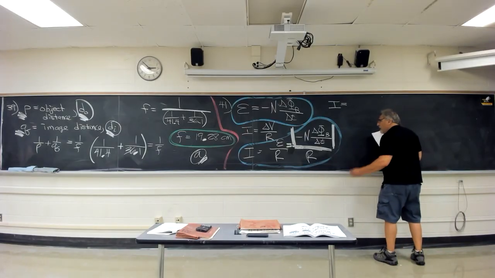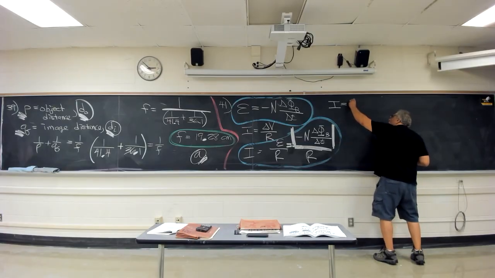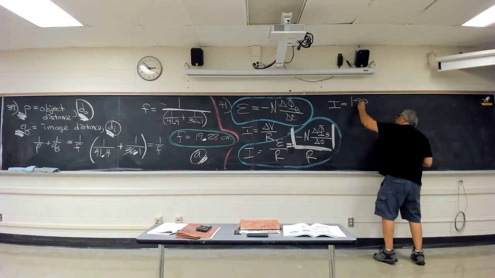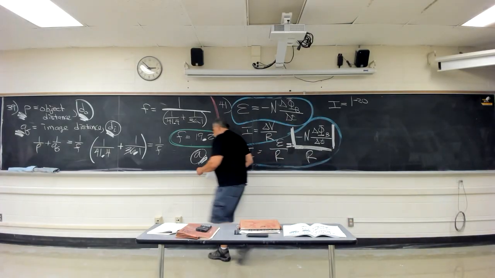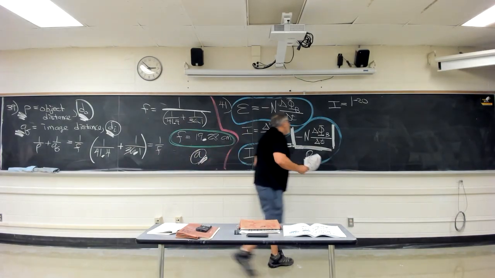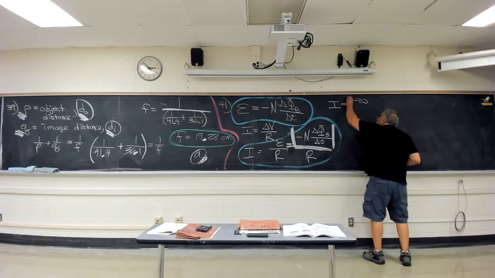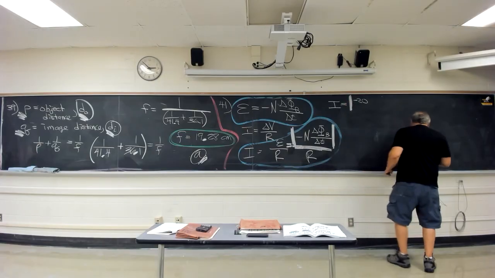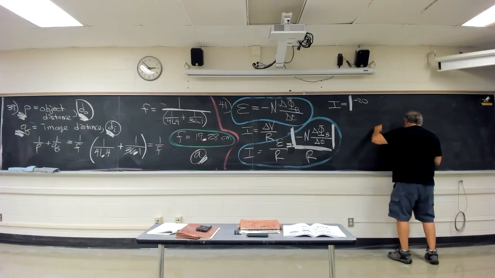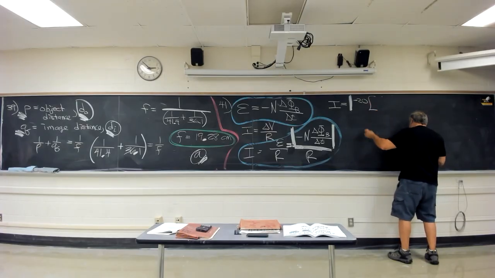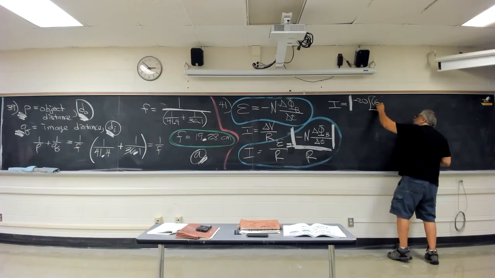We're talking about the number of turns. It's going to be the absolute value of all this. So it's going to be the absolute value of negative 20, times, well, it's changing, the B field is changing from 2 to 6.